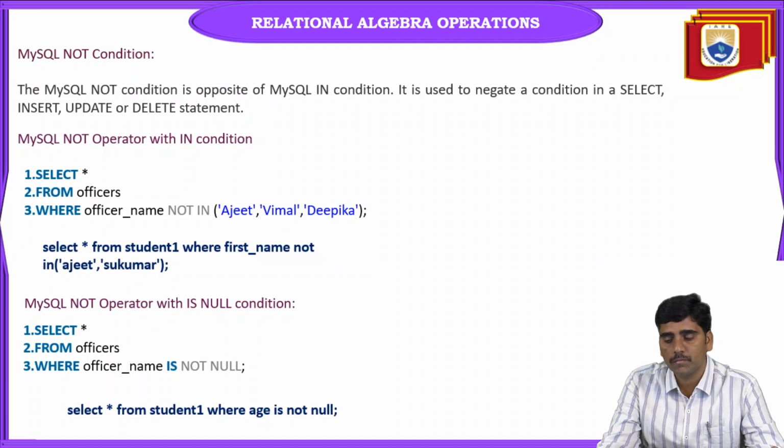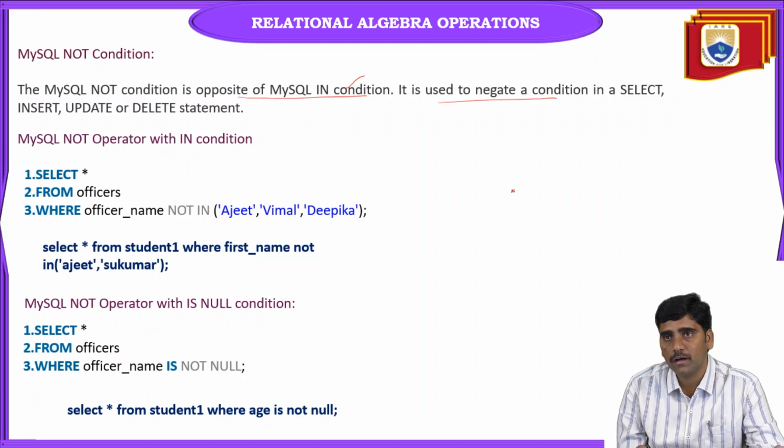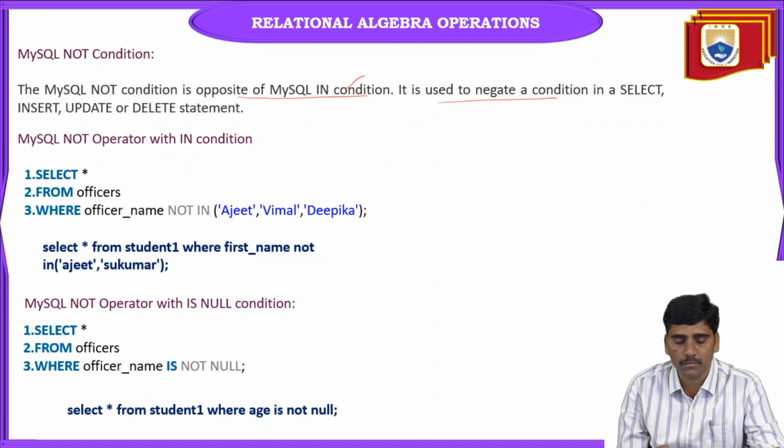MySQL not condition. The MySQL not condition is the opposite of the MySQL in condition, and it is used to negate a condition in a select, insert, update, or delete statement.